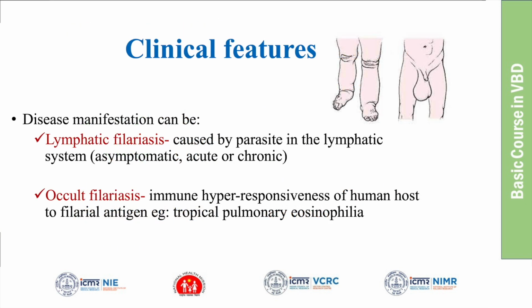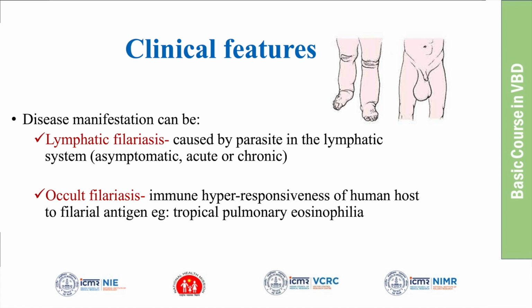So moving on to the clinical features. As we all know, filariasis can ultimately result in two forms of manifestation. One is mainly because of the parasite which is present in the lymphatic system. The other presentation could be because of immune hyperresponsiveness of the human host to the filarial antigen.